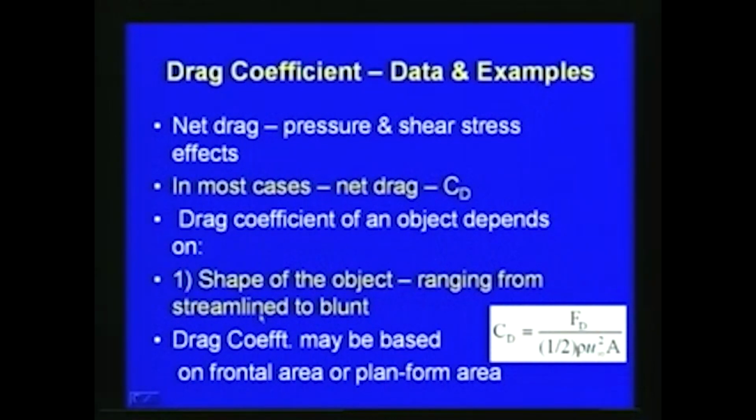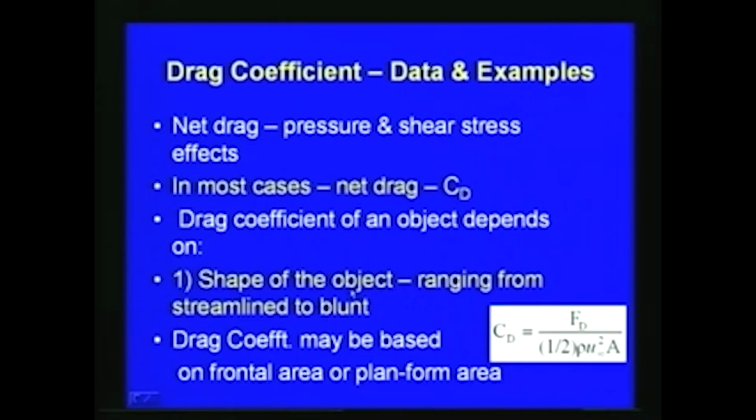In the first case, we discuss how the drag coefficient changes for various shapes of bodies, with various examples that we consider here. These are the various parameters which have some effect on the drag coefficient.